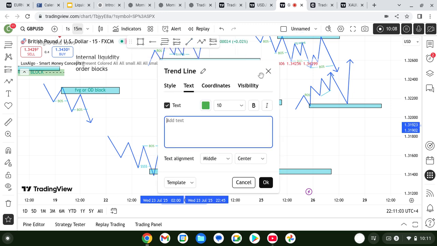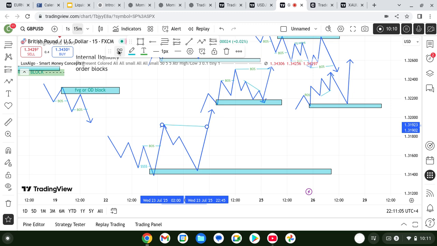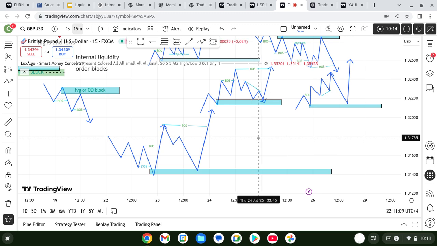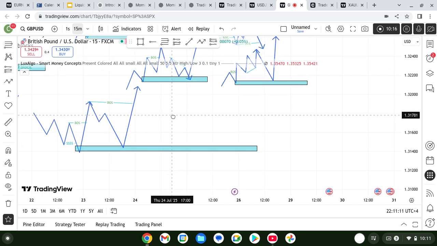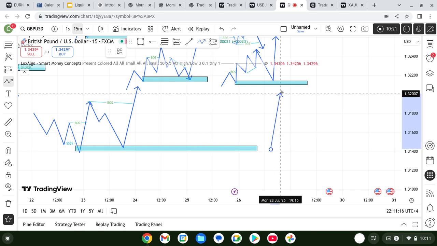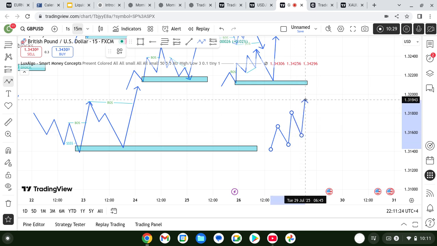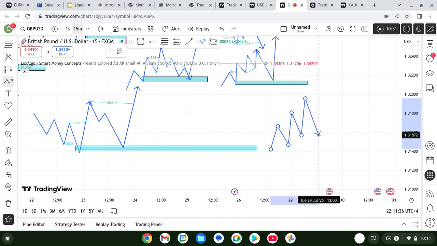Causing a break of structure. In another scenario, it can look like this: it has been making higher highs, higher lows, higher highs, higher lows.